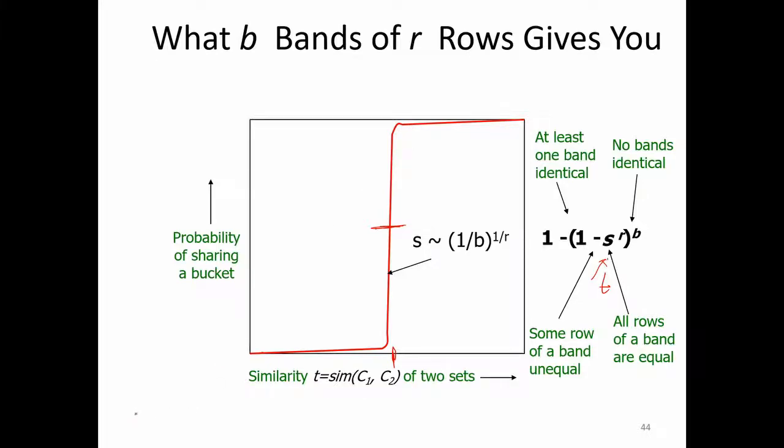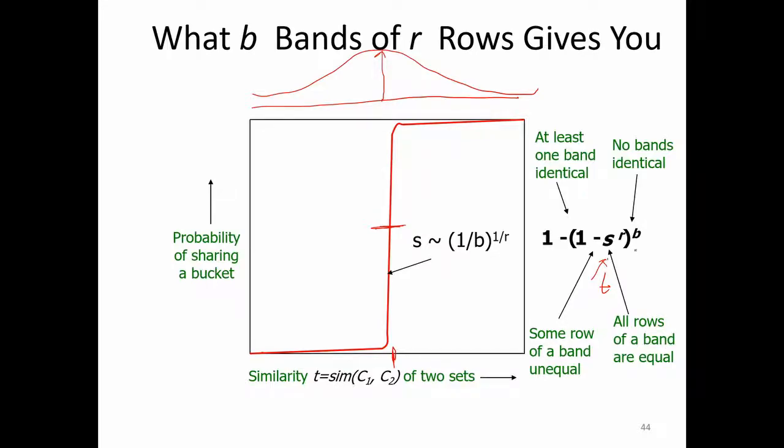So let me just draw this for you. On this x-axis, the plot of the derivative will look something like this. The slope will increase and then keep decreasing. You want to find this point, which is where the derivative is maximum.